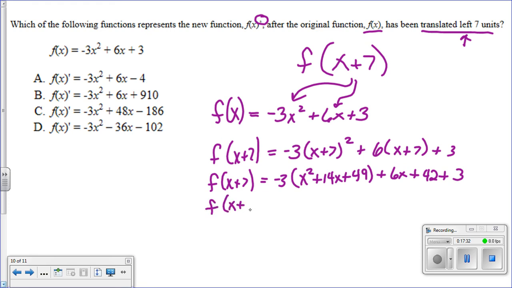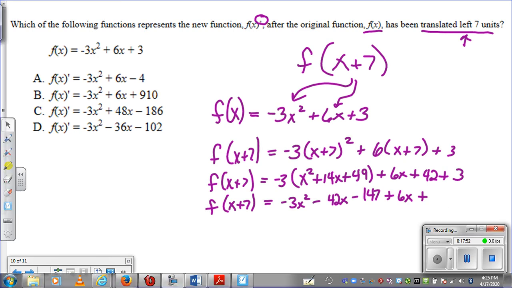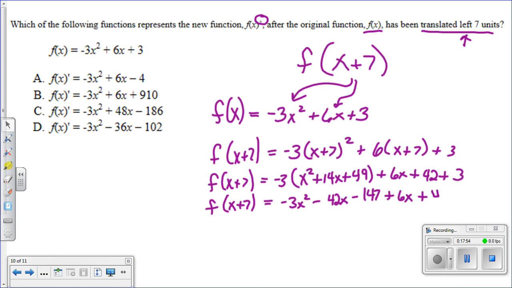So f of x plus 7 is equal to negative 3x squared minus 42x minus 147 plus 6x plus 42 plus 3.